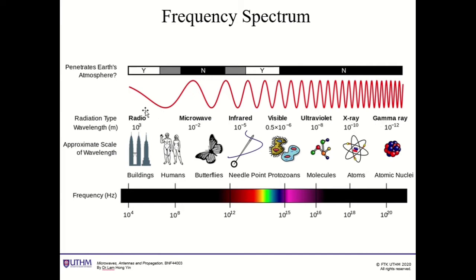For communication we use frequency from radio, 10 power of 3 until 10 power of 4, up to around 10 power of 12, before the infrared or visible light frequency.